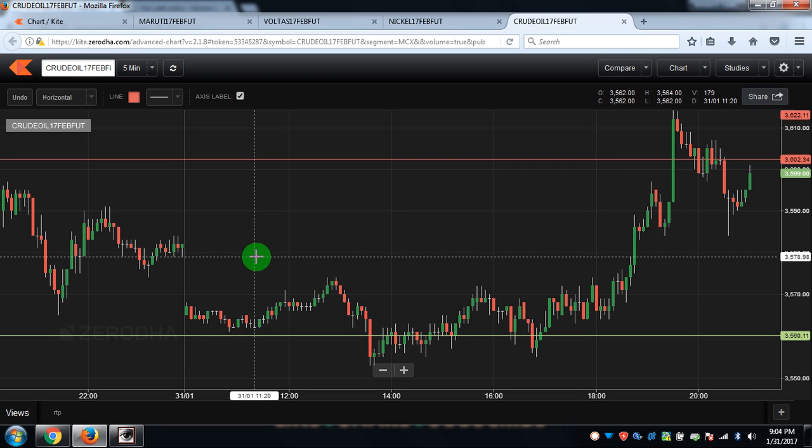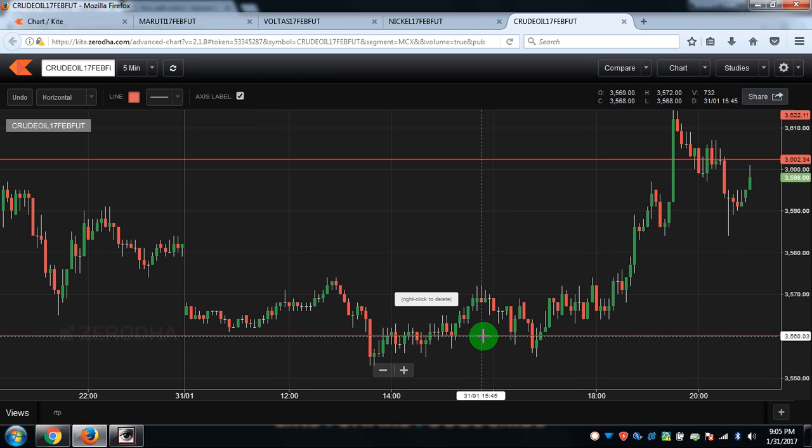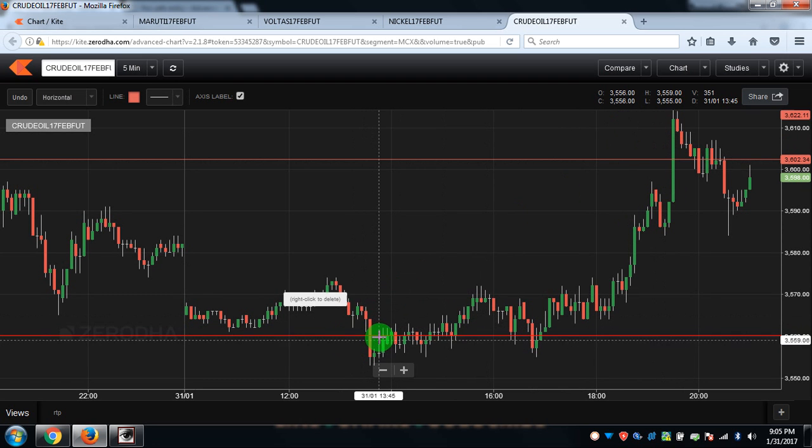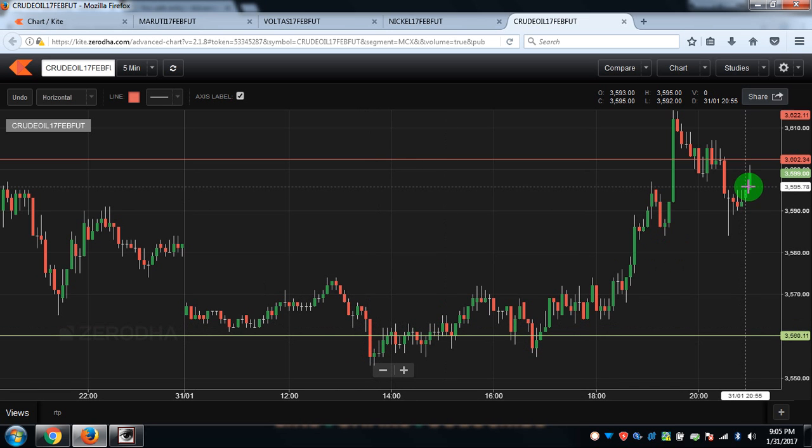I hope you understood when and where to enter and exit the stocks, as this candle closing confirmation is very important. Once you become an expert in analyzing the candle closing confirmation, you will get more confidence in intraday trading.